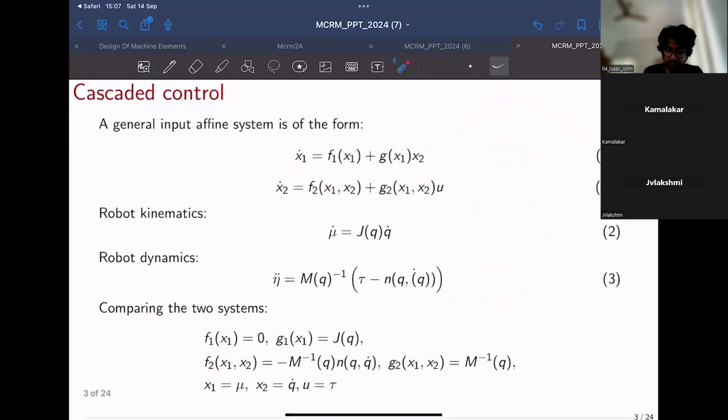So the general input affine form is of this form. The control input to the first system is actually the state vector of the second system. So it goes on something like this.